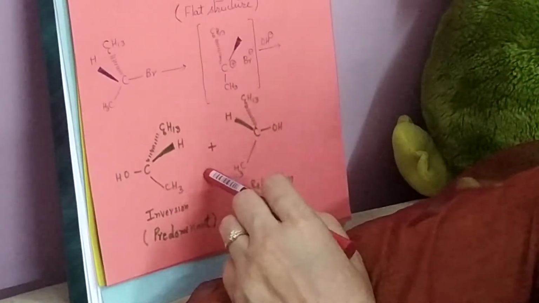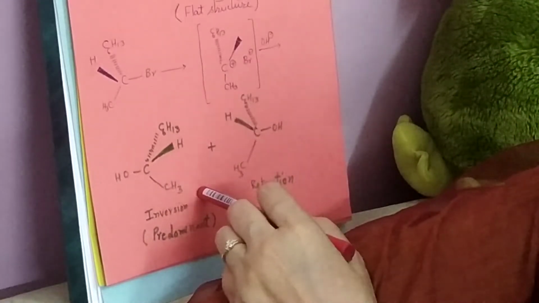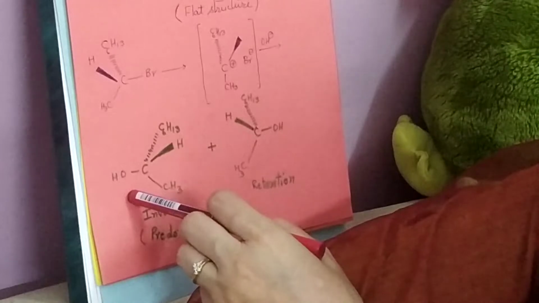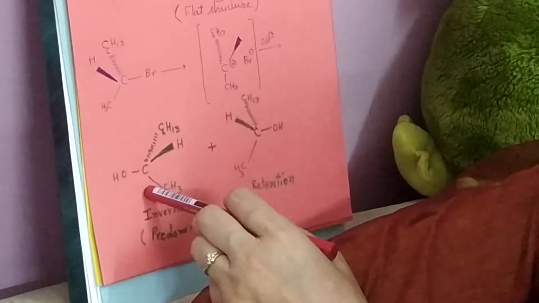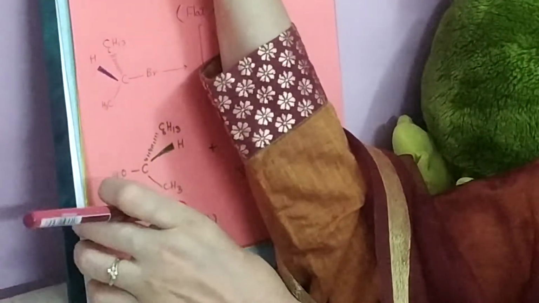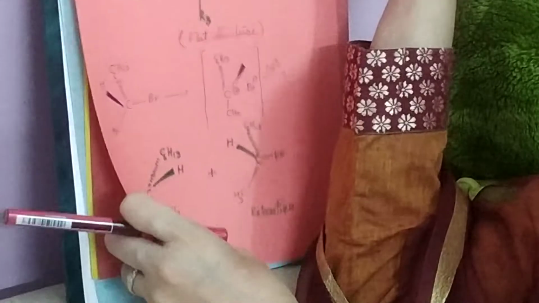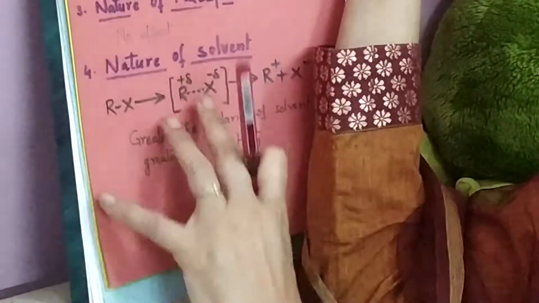As a result, only partial racemization will be possible in this case. So, this is regarding the stereochemistry exhibited by SN1 reactions, and they illustrate the case when the compound is optically active.